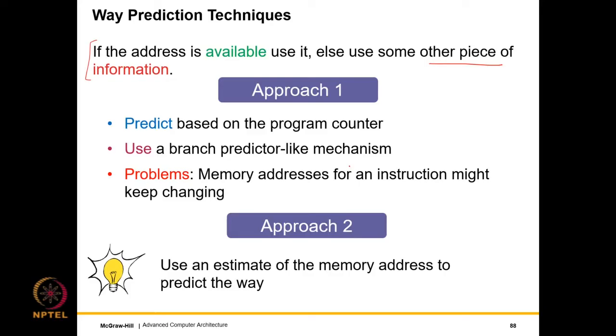So I outlined two approaches. In one approach, we predict based on the program counter. We use a mechanism that is very similar to branch predictors that uses the PC address to make a prediction. So we have a predictor, and we provide the PC.